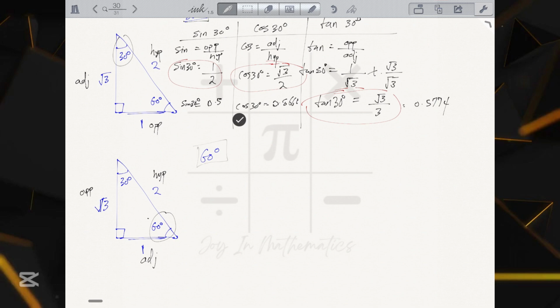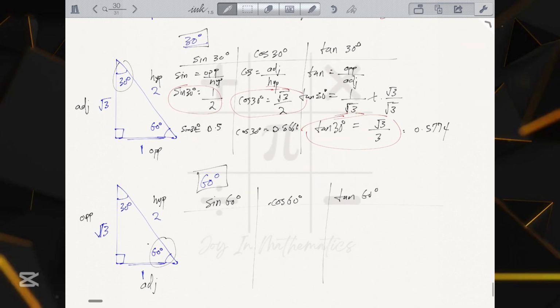So now let's begin. We want to evaluate sine 60 degrees, cos 60 degrees, and tan 60 degrees. Remember, we are still applying SOHCAHTOA. So we understand that sine is equal to opposite over hypotenuse.